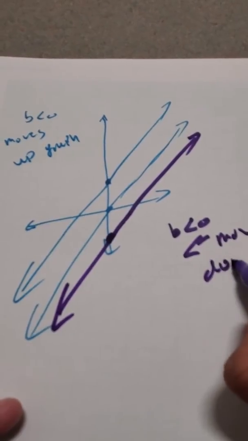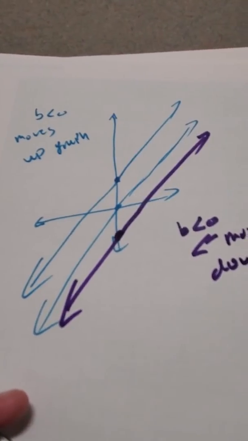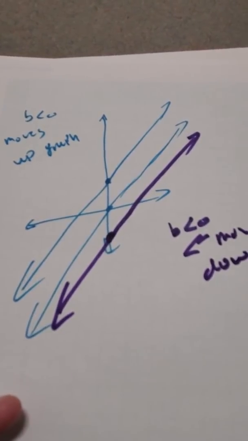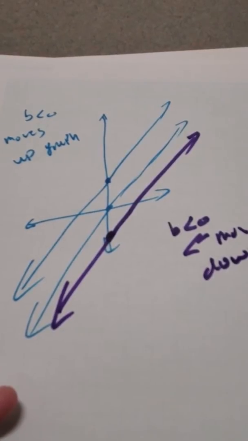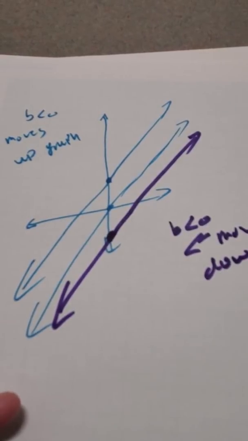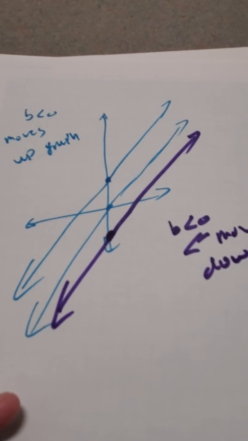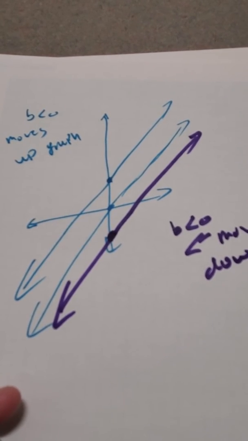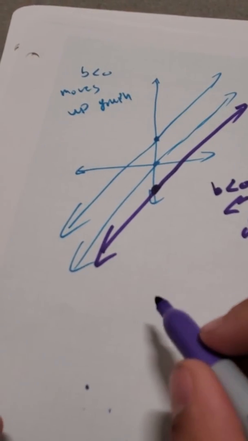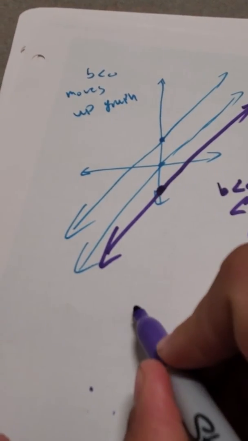For linear functions, it doesn't move left or right. It just moves up or down, and it slopes to the left or to the right based off positive or negative values. And you guys can put it all together. Here's an example of it all together.